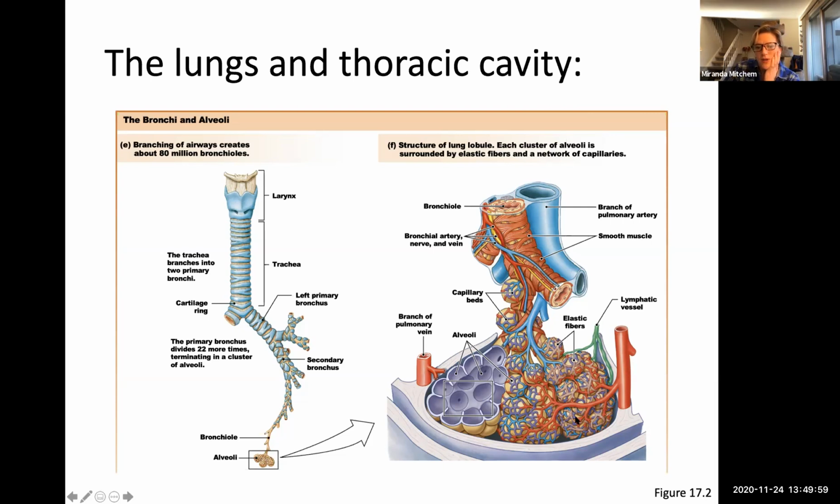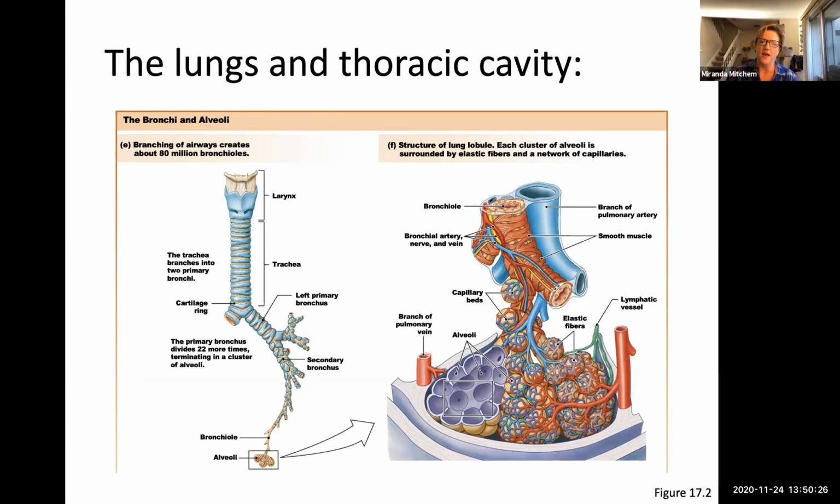And then looking over towards the right side of the figure, you can begin to appreciate how extensive the vascular system is here, which makes sense. What would be the point of having an extensive alveoli branching sac mechanism if we didn't have the blood vessels to pick it up so that that exchange can happen?